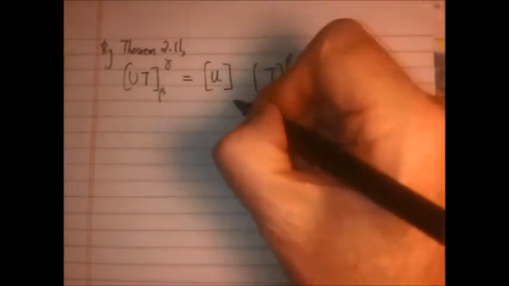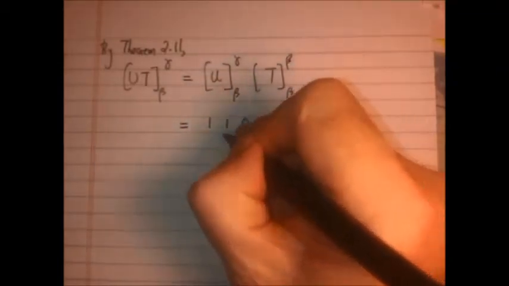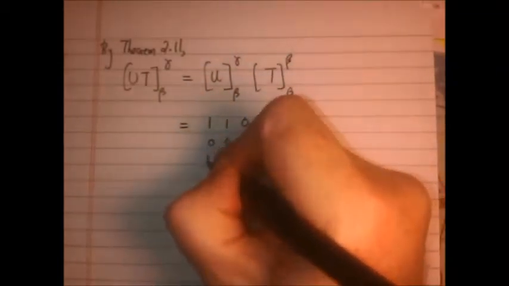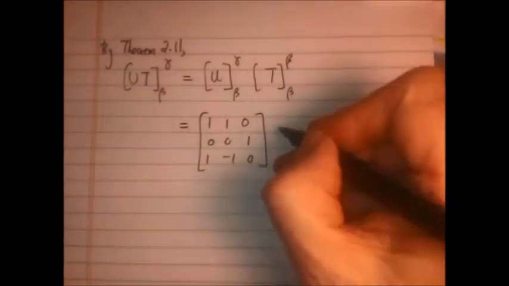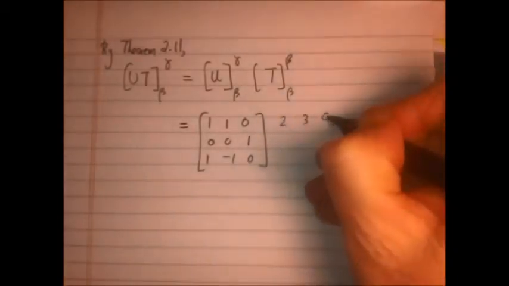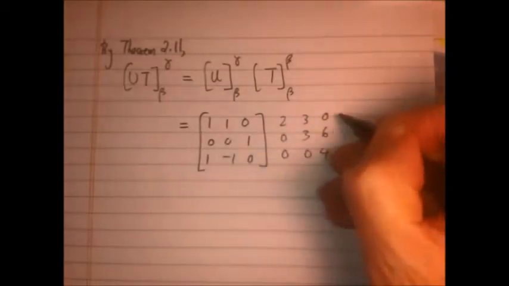Now our beta must go down here and our gamma must go up there. We computed this first matrix to be 1, 1, 0, 0, 0, 1, 1, minus 1, 0. And the matrix of T, we computed that to be 2, 3, 0, 0, 3, 6, 0, 0, 4.